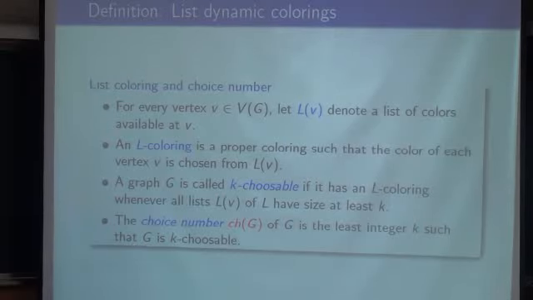An L-coloring is a proper coloring such that the color of each vertex v is chosen from L(v). And a graph G is called k-choosable if it has an L-coloring whenever all lists L(v) have size at least k. And the choice number, ch(G), is the least integer k such that G is k-choosable.